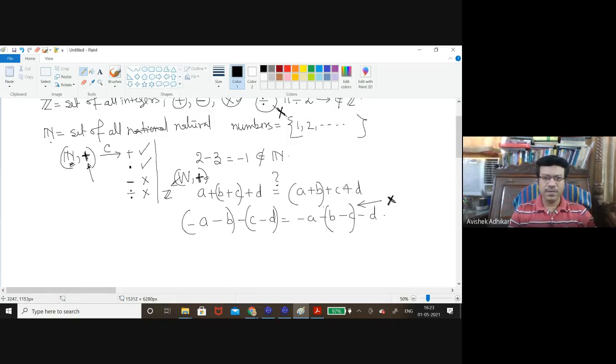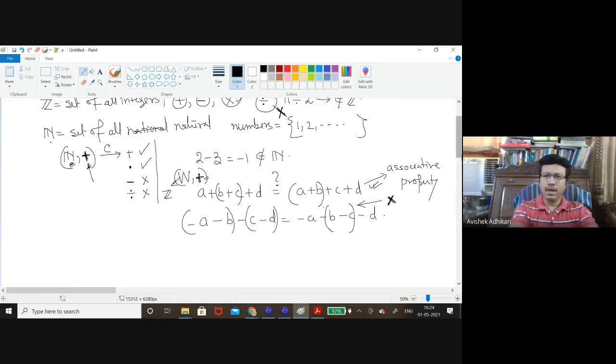But if this be the case, then you are really very happy because you do not have to worry about the brackets with one operation. You can shift the brackets wherever you require and in whatsoever manner. It won't be a problem. If you have this property, then this property is known as associative property.